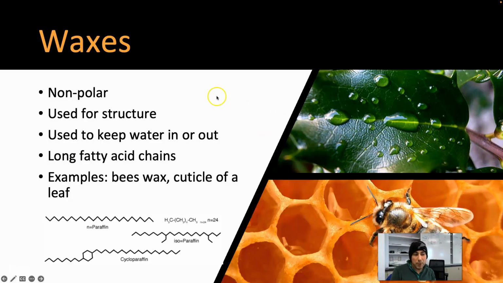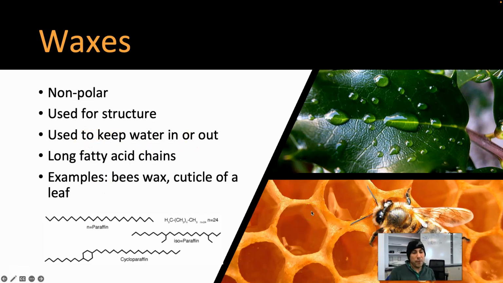Now, another type of lipid would be wax. And if you notice, I've got it beading up here. Like I wax my car so that the water beads up on it because it's hydrophobic. And so this leaf on the top, it wants to repel water. So it's got this wax called cuticle. The wax here used for support in this honeycomb, that is a lipid, right?